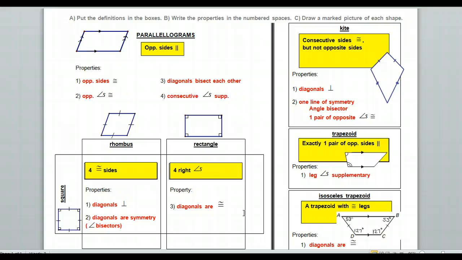Special property. Oh, perpendicular. In the hallway, you should be able to go, oh, that's the one where the diagonals are perpendicular. Also, the diagonals are angle bisectors. It would have been nice if everybody memorized all those. Most of you never really did that.